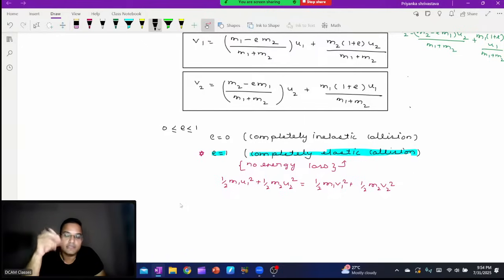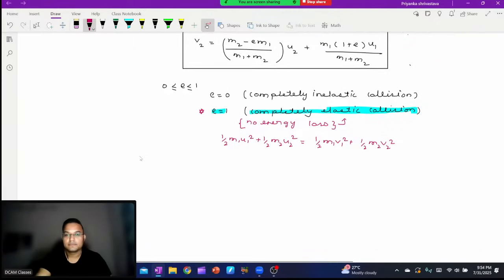It's not completely elastic, because after some time it will lose its energy, and then again it will fall down. But if it was completely elastic, you throw it, it will just keep on bouncing up to the same height. This is how completely elastic things are.